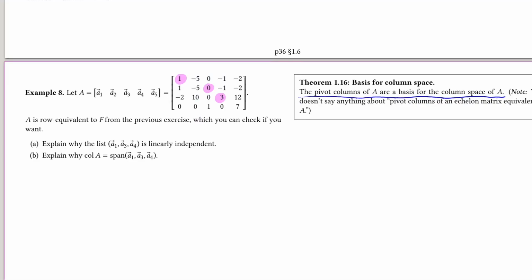And so what the theorem says is that this list of 3 pivot columns should make a basis for the column space of A. And that's what this is asking us to show, that it's a linearly independent list that spans the column space. So that's what we're going to try to do. That's where we're going with this.